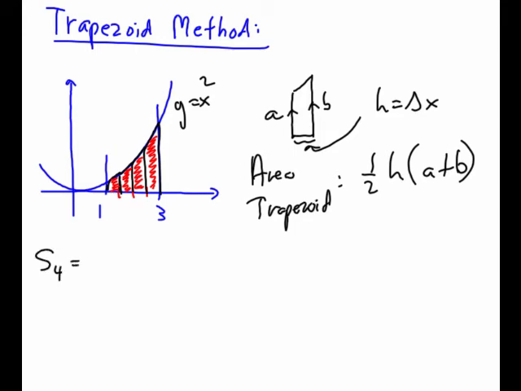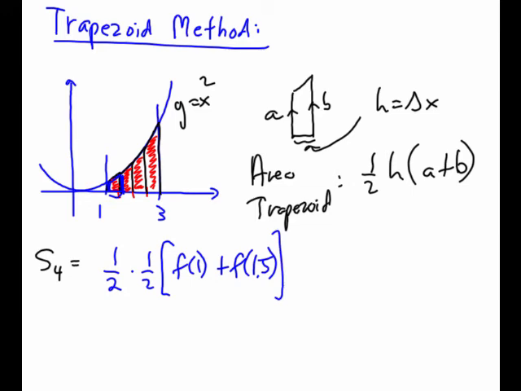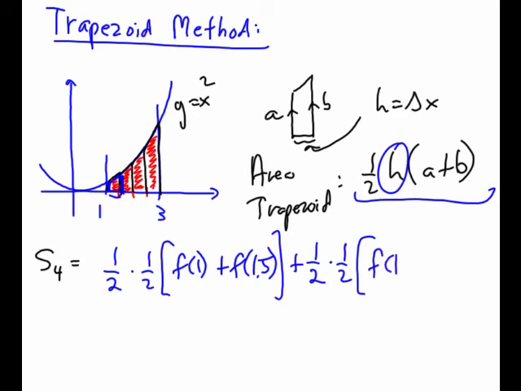So trapezoid number 1 will be 1/2 times the height of a half times A and B, which would be f of 1 plus f of 1.5. Trapezoid 2 would be, again, a half times a delta x of a half times f of 1.5 plus f of 2.